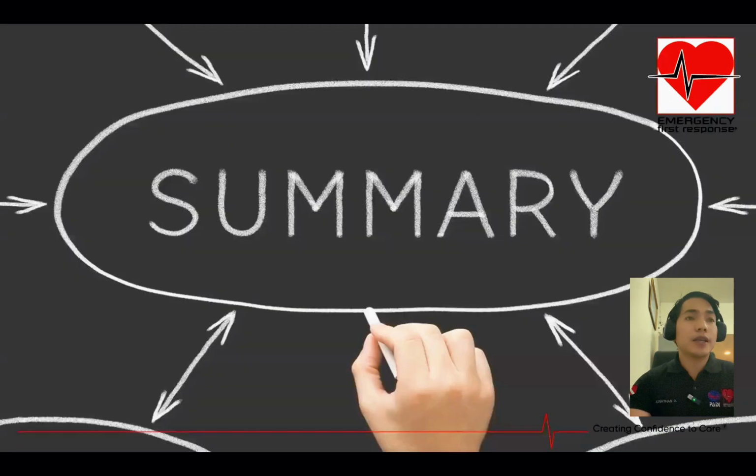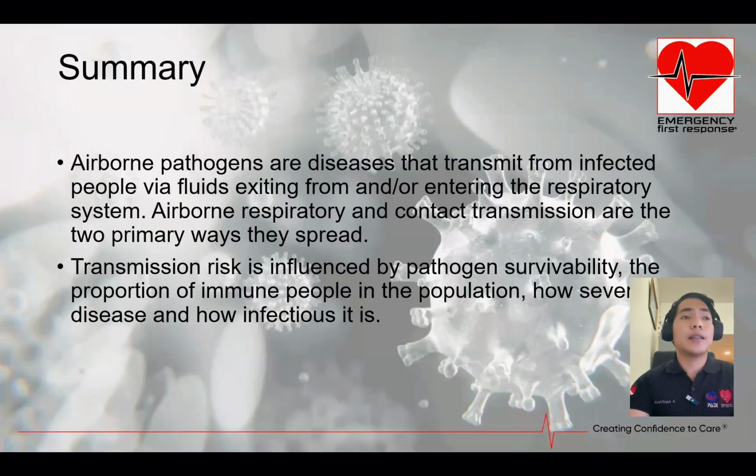So next, let's summarize our topic again. The summary of our airborne pathogen awareness. When we say airborne pathogens, these are diseases that transmit from infected people via fluid exiting from or entering the respiratory system.